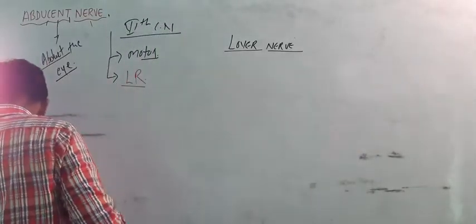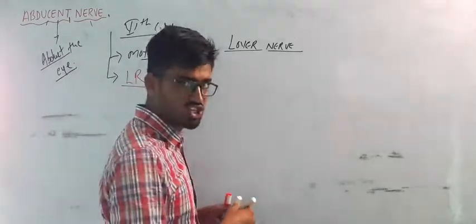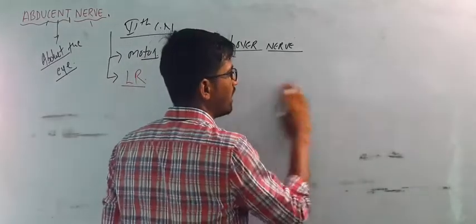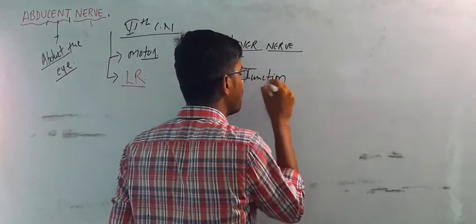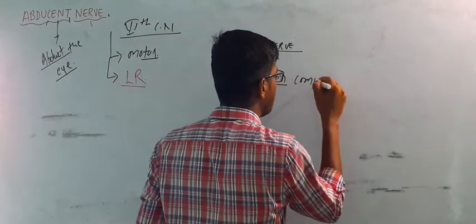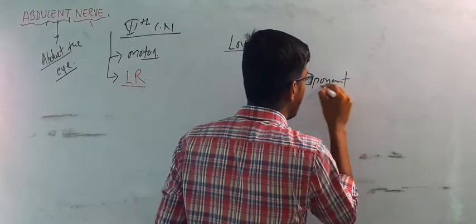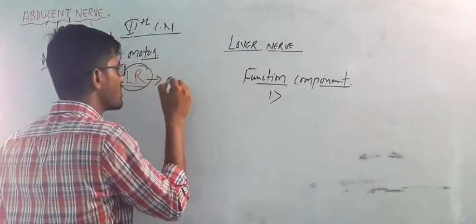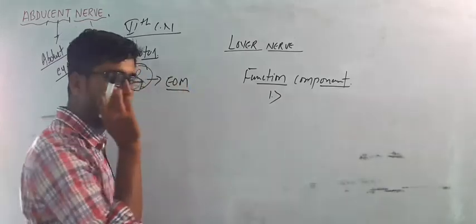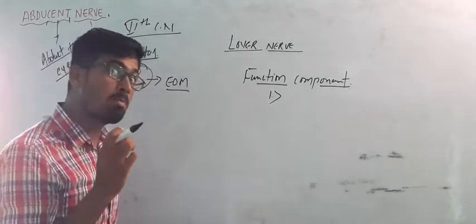Can you tell me the functional column, which is your favorite part? The functional component: the lateral rectus is an extraocular muscle of the eye, which arises from the somites.